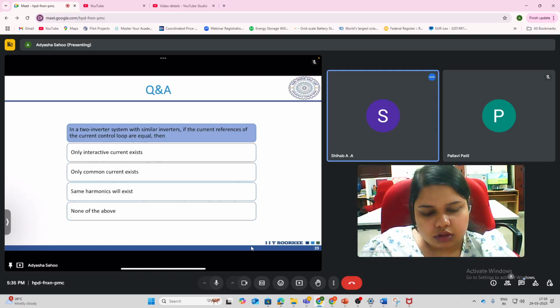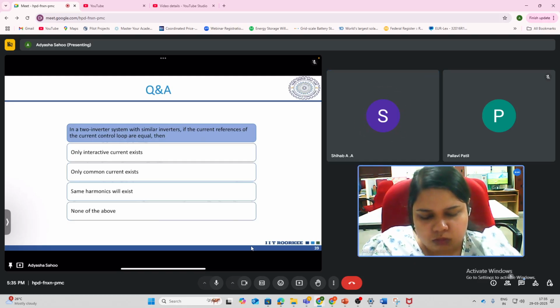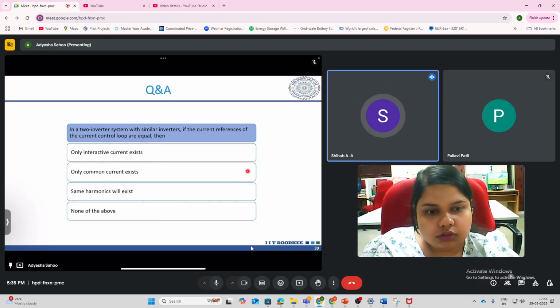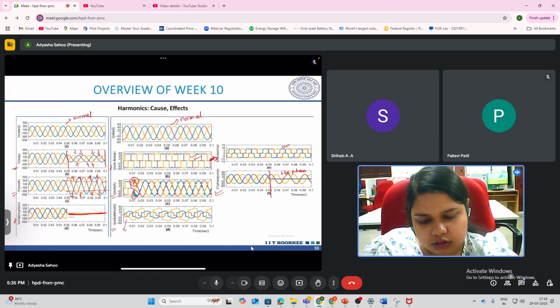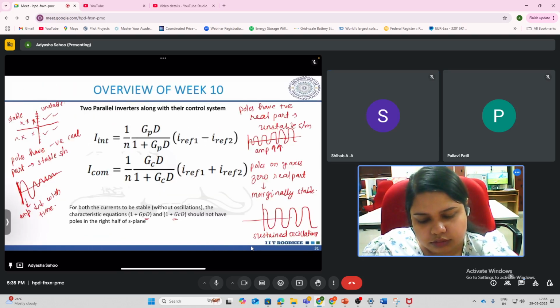Yes, two inverters are connected in parallel. Actually, I am telling that the current references are the same. So if they're the same, which component will be absent?